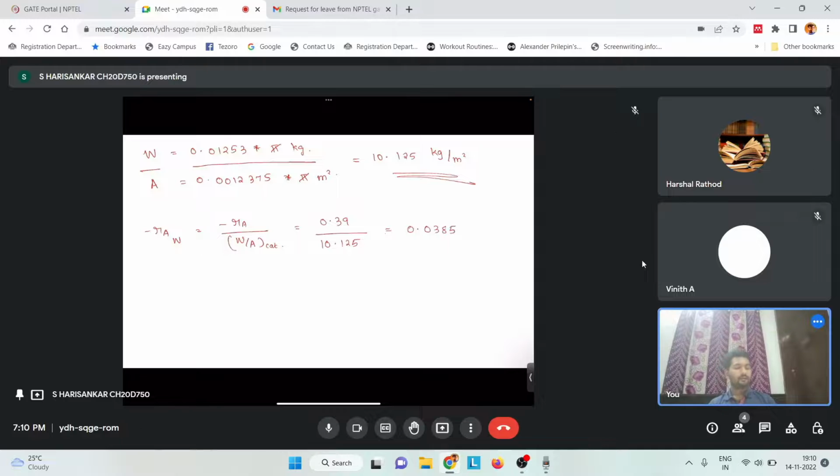And since we need to approximate it to three decimal points, it will be approximately 0.039, and the unit will be mole per kilogram catalyst per minute. The right answer will vary between 0.034 to 0.043.